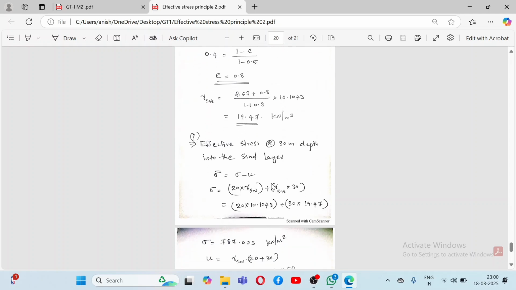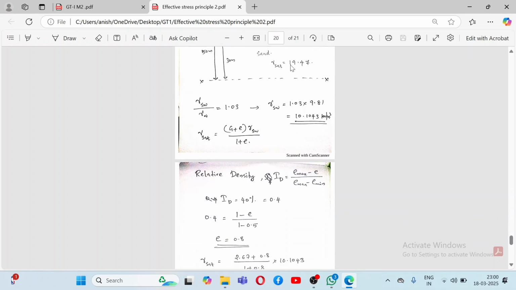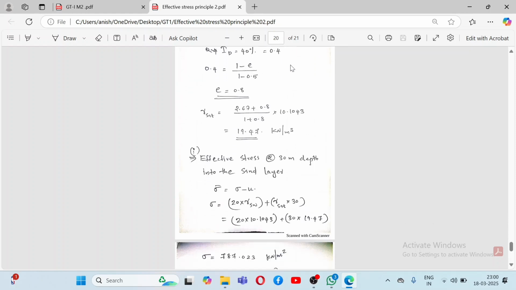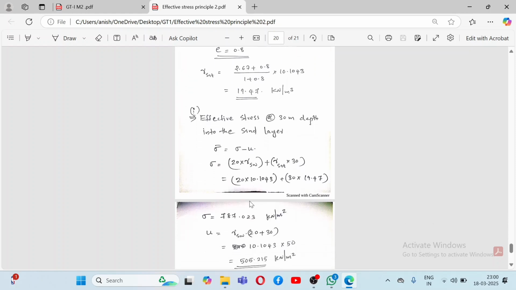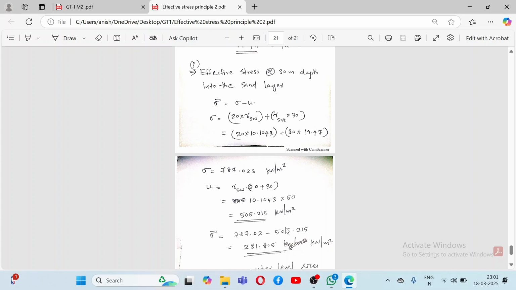Effective stress equals sigma minus u, where sigma is equal to 20 into gamma SW plus 30 into gamma sat. So you get total stress as 787.023 kilonewton per meter square. Then how do you calculate u?